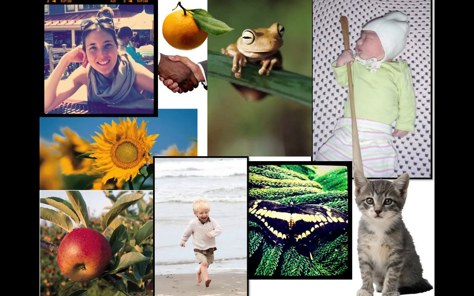Or we could go here, and if you look at each of these pictures, it's a living thing. What's the recipe for a toad? What's the recipe for butterfly wings, or for a kitten, or for a human baby? And I think the human baby one might be one of the most important questions, because you have this creature growing inside of a mom's uterus for 9 months, and you're like, how is this thing growing?